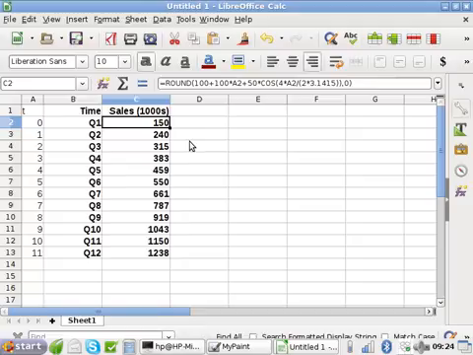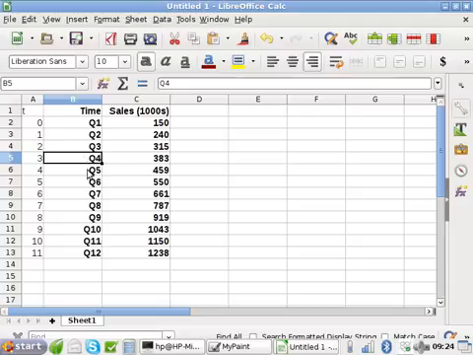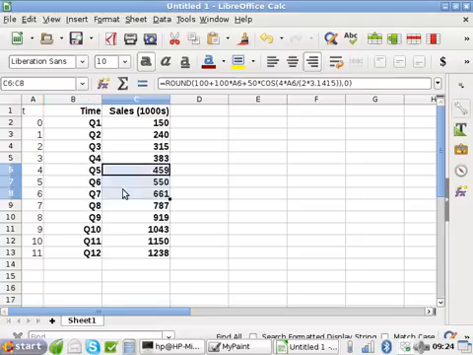Alright, so our toy shop in the first quarter sells 150,000, 240, 315, and then 383. So can you see that the best quarter for it was quarter 4? Then if we go to the next year, again the best quarter was quarter 4, and so on. And this toy shop is getting bigger, it's growing. Maybe it's in a new town, lots of children being born or something, I don't know. So the toy shop, its business is increasing.